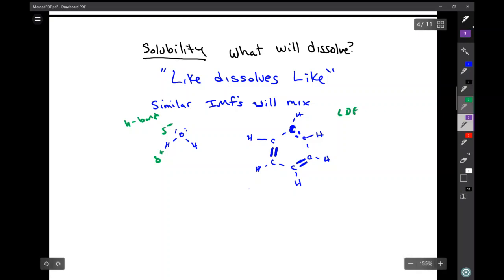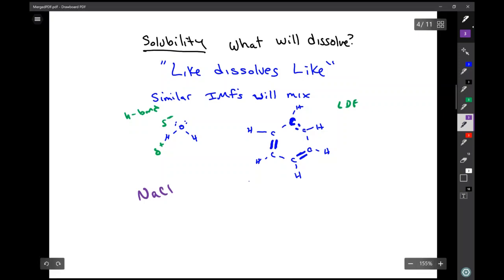Okay. So let's say you have something like sodium chloride, NaCl. Right, now they have to be similar in molecular forces. They don't have to be the same. Okay, so NaCl, that's ionic. Na is a positive ion, and chlorine is a negative ion.